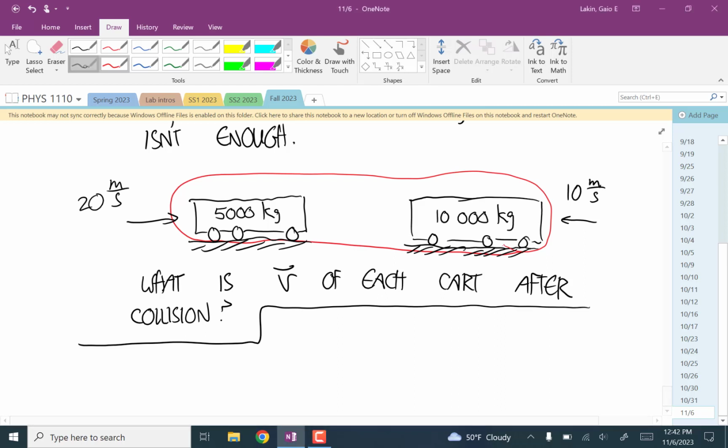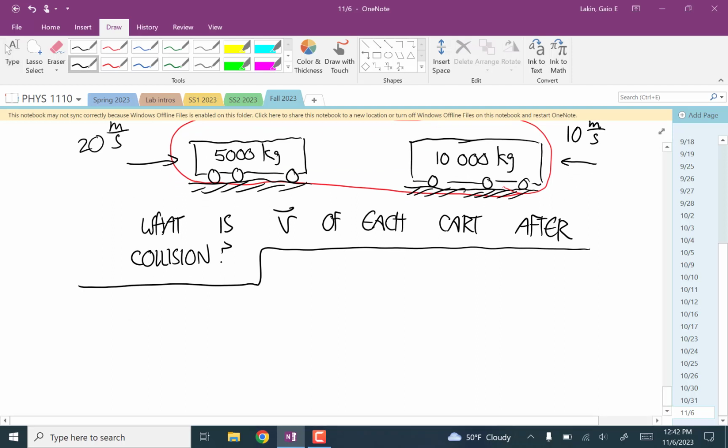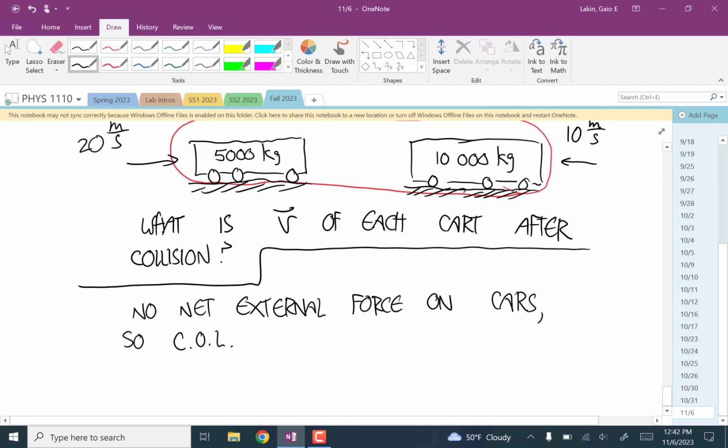Okay, so there's no net external force on the cars. So conservation of linear momentum applies.